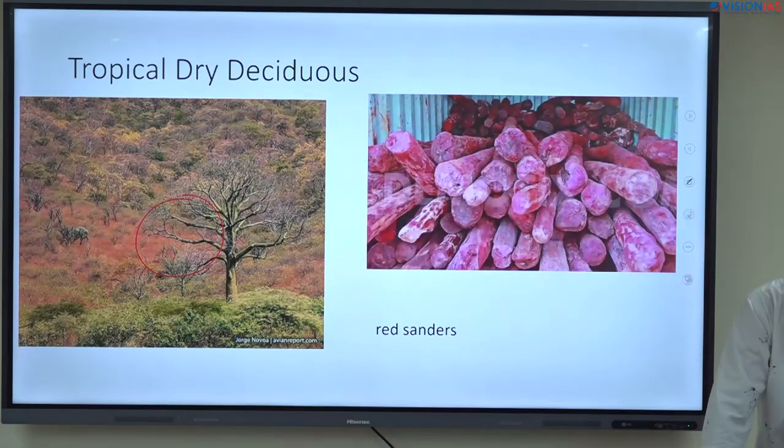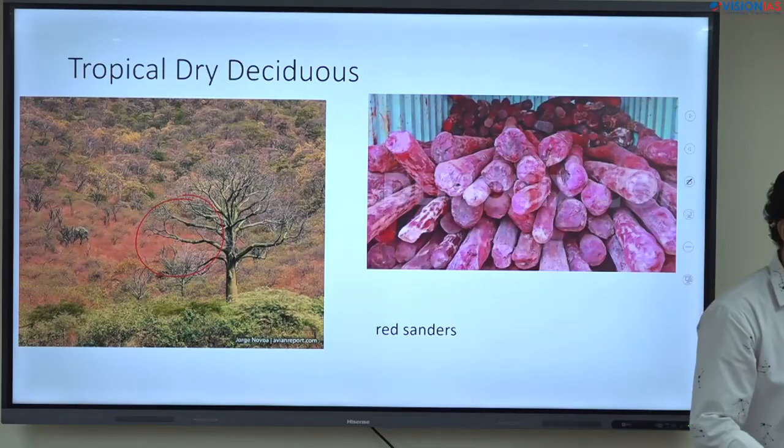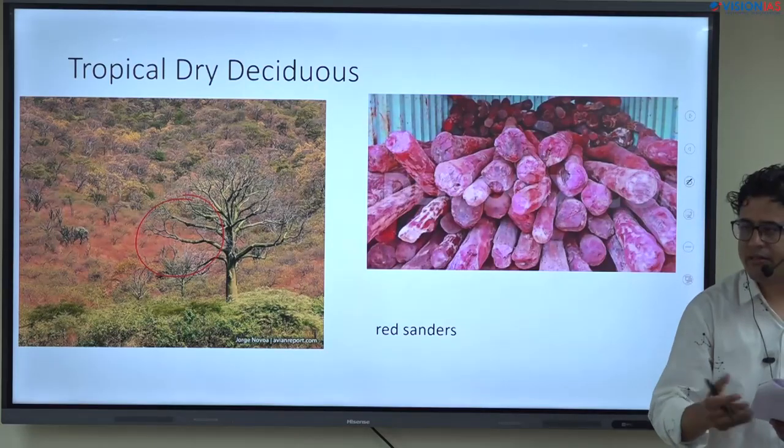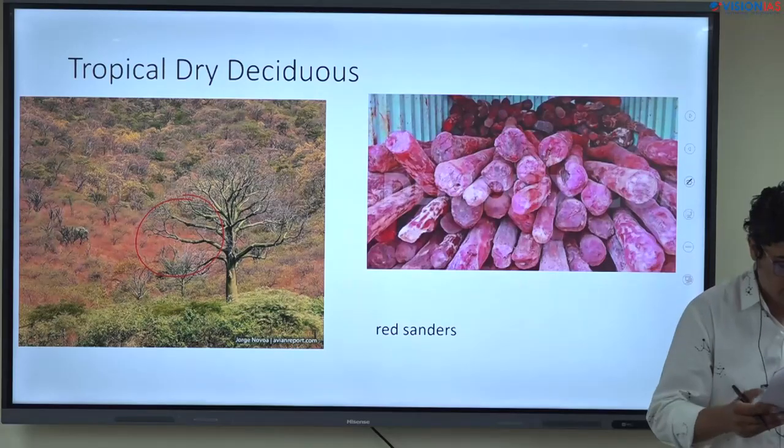So this is what is written in point number 1. They are similar to moist deciduous forest and shed their leaves in dry season. Leaf shedding season is fixed. Major difference is that they can grow in areas of less rainfall. Dry deciduous, they can grow in less rainfall. They don't need high rainfall.